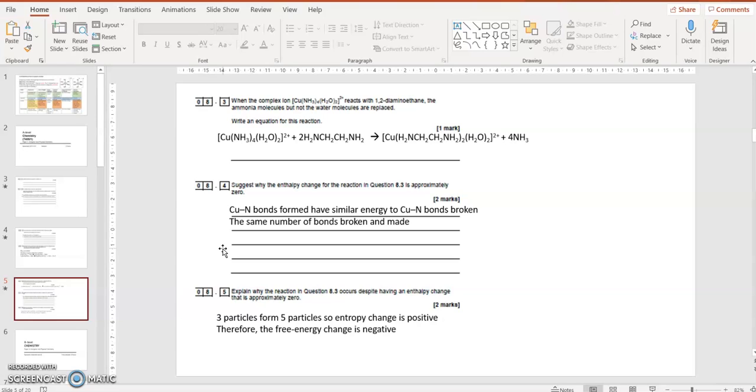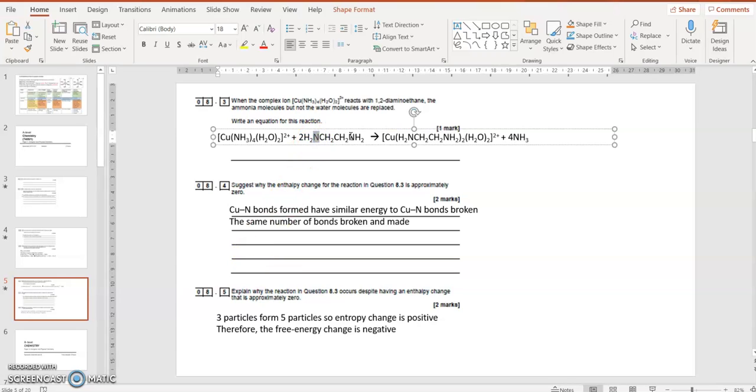That acts as a bidentate ligand, as each of the nitrogens has got a lone pair of electrons that can form a coordinate bond or a dative bond with the copper central transition metal ion. So each of these is a bidentate ligand, can form two coordinate bonds.